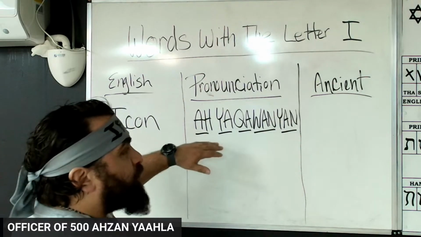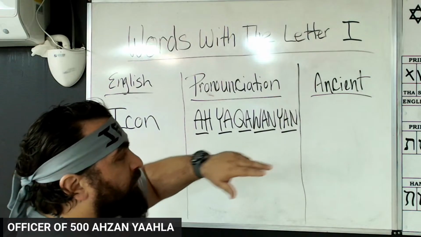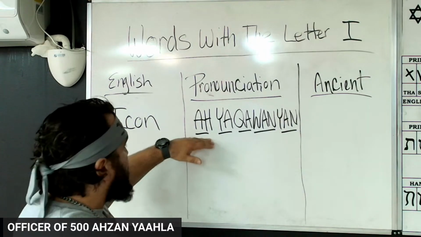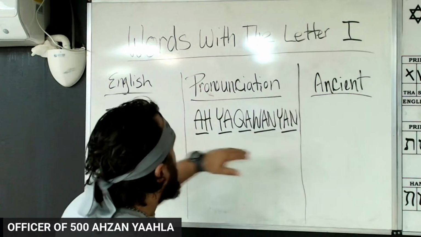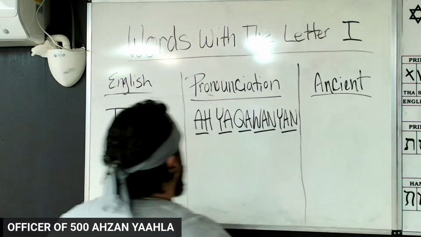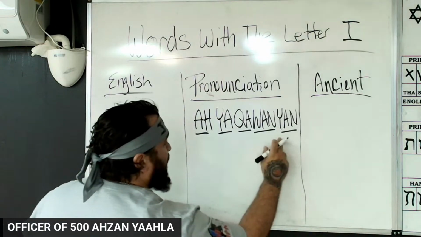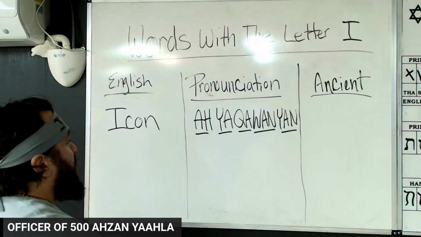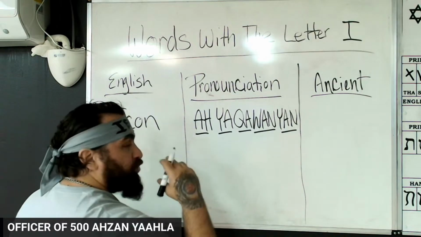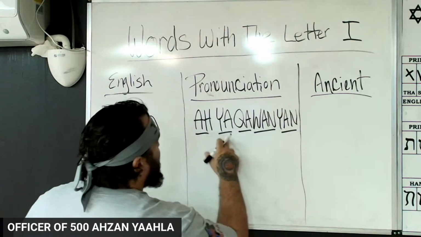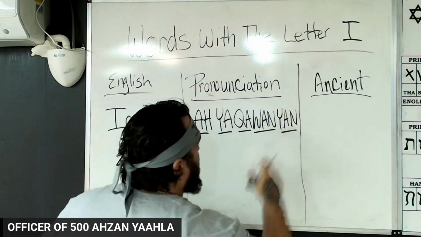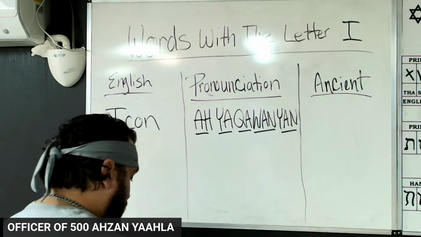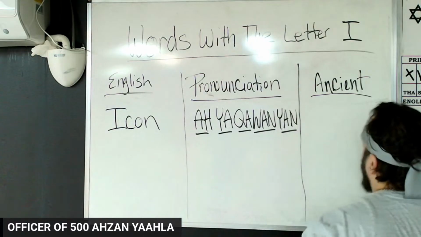But before I do it, if you have taken a picture of the Hebrew alphabet, try to put it in place yourself. You want to go ahead and write it to yourself from right to left. Just because it's written right here, pronounced left to right, in the ancient you're going to have to go right to left. You want to try to write it yourself. And don't forget your connectors also. So I'm going to write it right here, but I hope you guys are doing it at home for yourself.